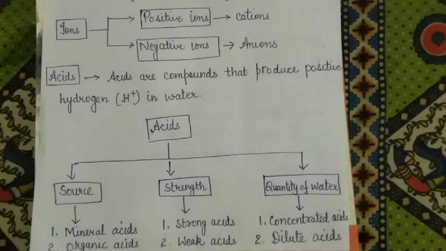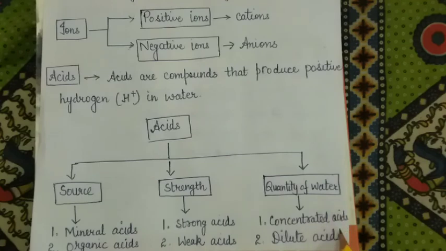Whereas weak acids are those that produce a small amount of hydrogen ions in water. For example, acetic acid, carbonic acid, formic acid are all weak acids.